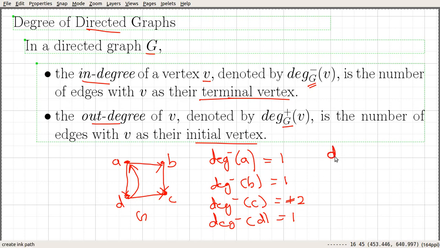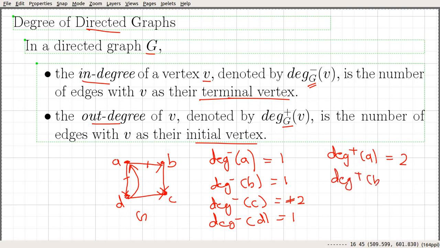Okay, so let me give you the out degree of each vertex. The out degree of A is the number of edges with A as their initial vertex. If you consider these two edges, both have A as the initial vertex. So the out degree of A is 2.